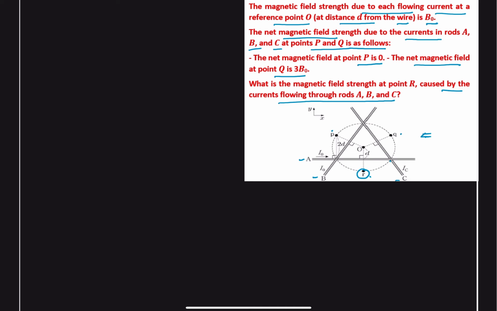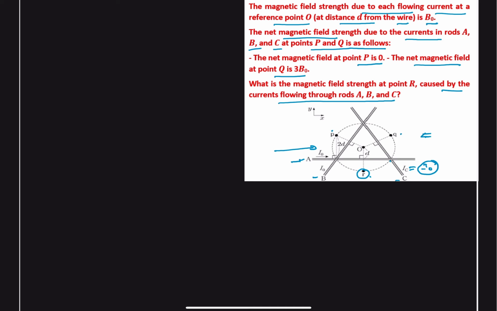And the current in C is given as IC, and we have to find the relationship between this IC and I0, and its direction as well, because only then can we find the net magnetic field at point R. The only thing given to us with respect to current is that it flows through rod A in the positive x direction. So current is flowing in this direction, as the arrow is marked here, and its value is I0.